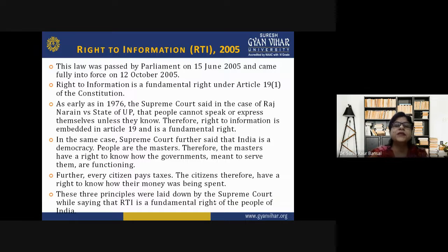Now, students, let's understand about right to information that came in 2005, RTI. We have studied about rights, freedoms, duties, and then directive principles. Now we are going to study about right to information in very detail.